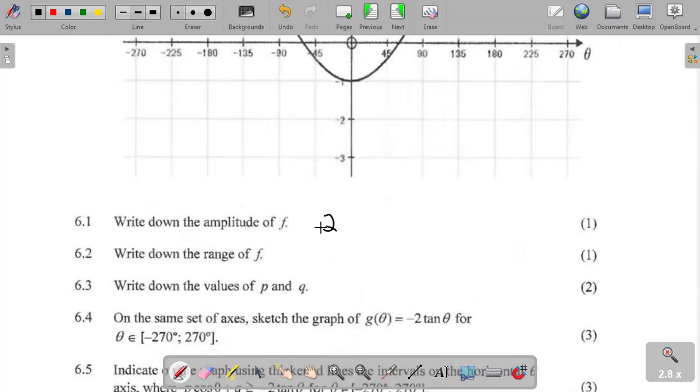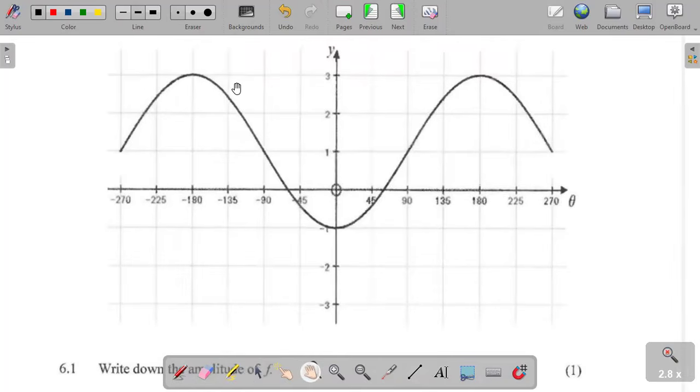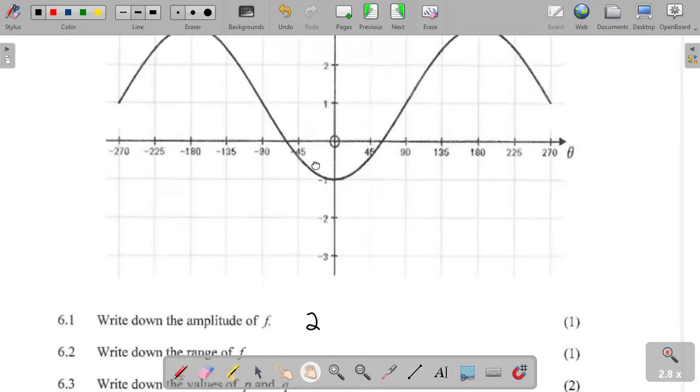The range is going to be from -1 until 3, isn't it?